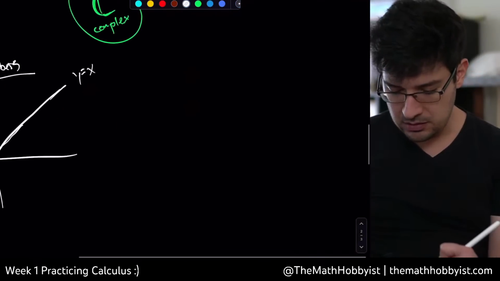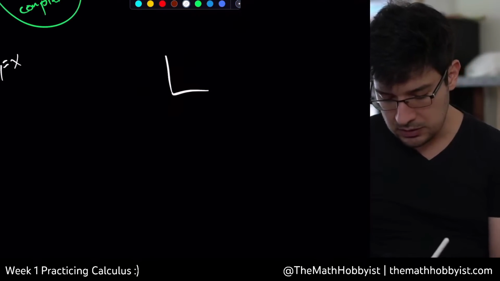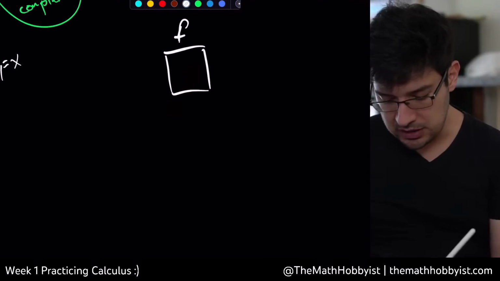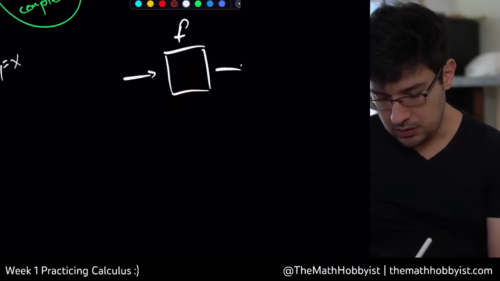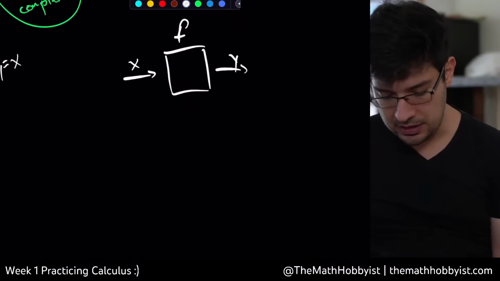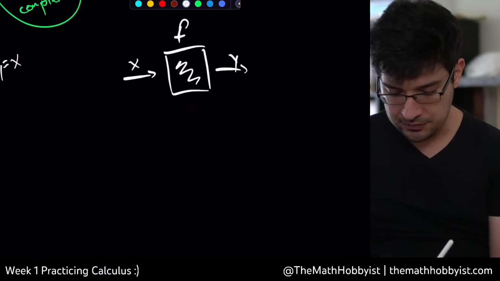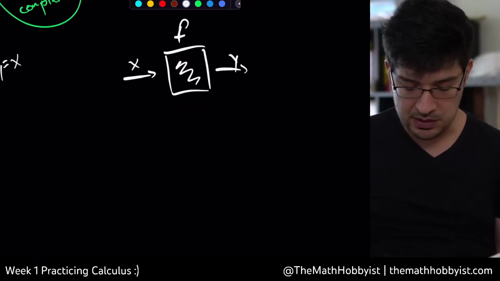Here, one more thing I do like to always show. A function can be thought of as a machine. You give it a thing, and then it gives you another thing. It gives you something different. It does a bunch of stuff to it, and then it gives you another thing.